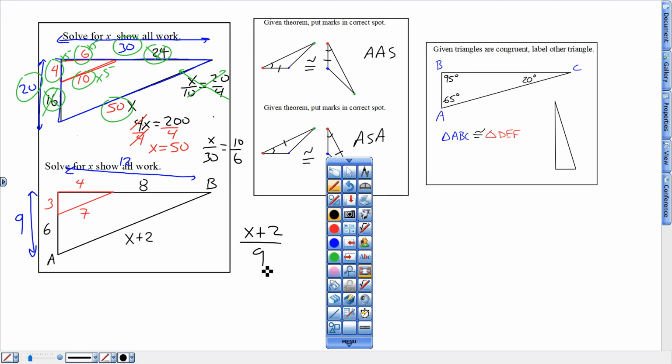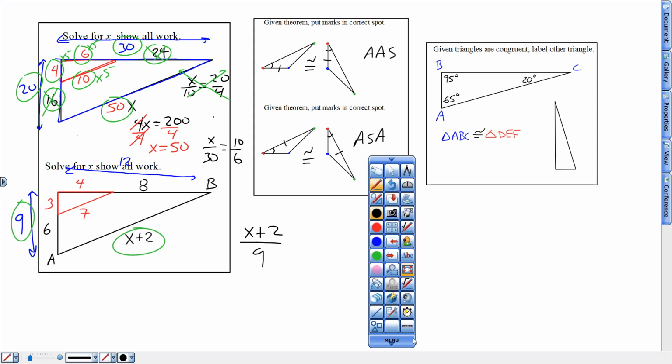So I'm doing the hypotenuse of the big one over the side of the big one. Make sure I keep that equal to the hypotenuse of the little over the side of the little.